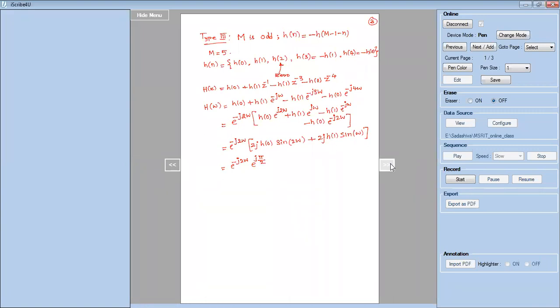Why? It is cos pi by 2 plus j sin pi by 2. Cos pi by 2 is 0 plus j into sin pi by 2, and sin pi by 2 is 1. So it is just j. So this will be 2 times h of 0 into sin 2 omega plus 2 times h of 1 into sin omega.